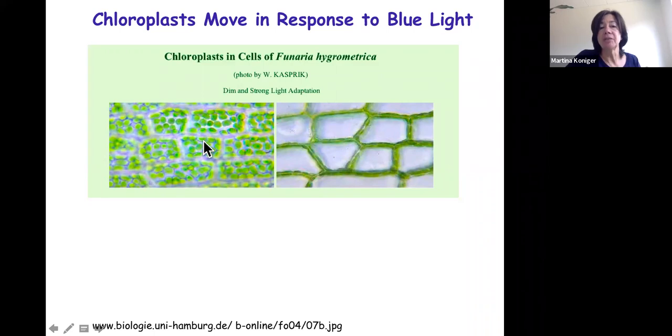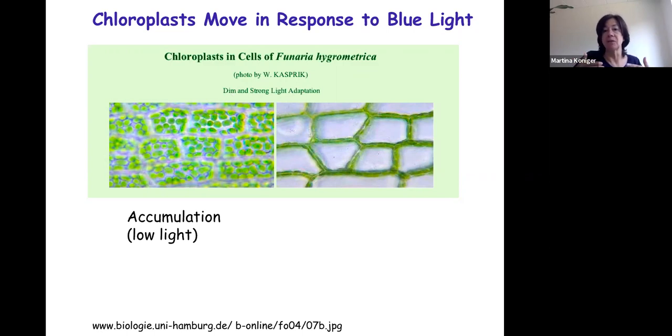If you're shining very low light onto the algae, what you will see is that the chloroplasts start spreading out, right? They're neatly spaced out to maximize how much light they can absorb. And people call this an accumulation response. They accumulate in low light.